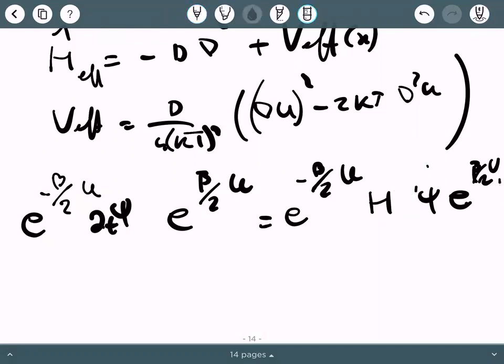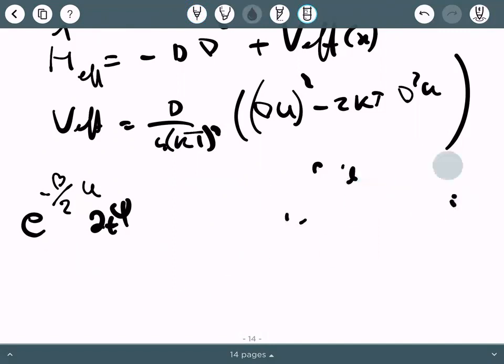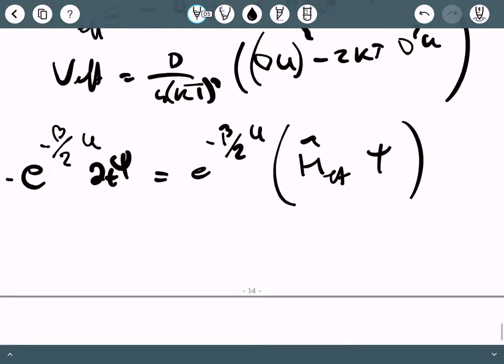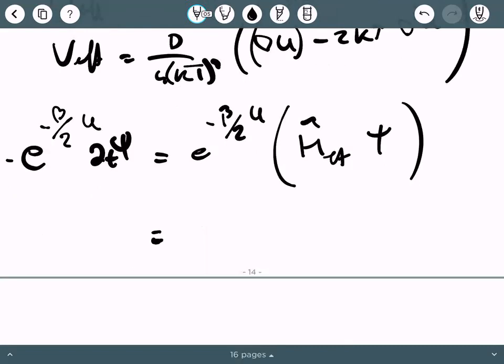And basically what you can do is throw this in and recover. No, sorry. Hold on a second. I did something wrong here. So this is e to the negative beta u. There's a negative here. There's H effective on psi. Okay, sorry. Now, the next step was the wrong one.